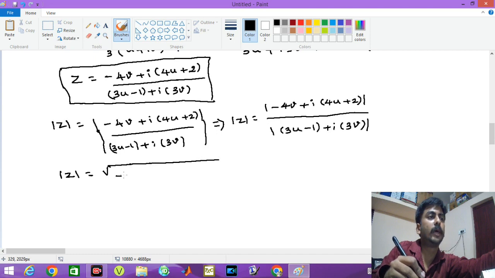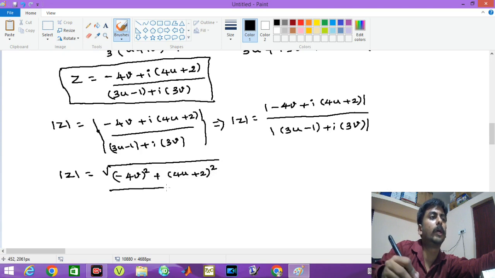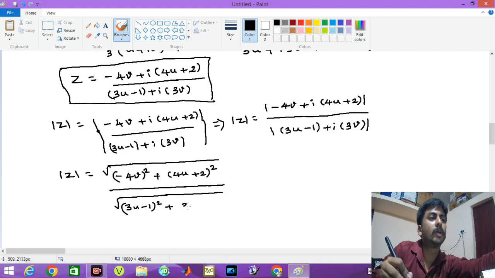So we get minus 4v the whole square plus 4u plus 2 the whole square, divided by 3u minus 1 the whole square plus 3v the whole square.